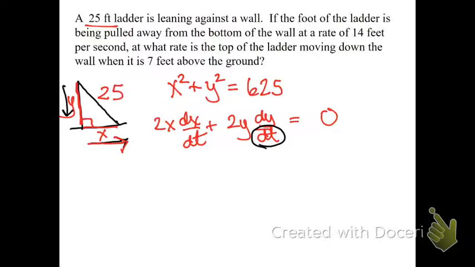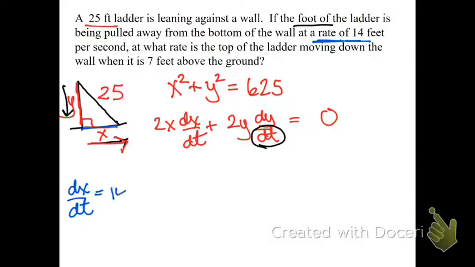Okay, so now I reread the problem and see what else I have. The foot of the ladder is being pulled away at a rate of 14 feet per second. That's a rate, so it's one of my d/dt's, I call them. The foot is being pulled away, so that's dx/dt, and that is 14.